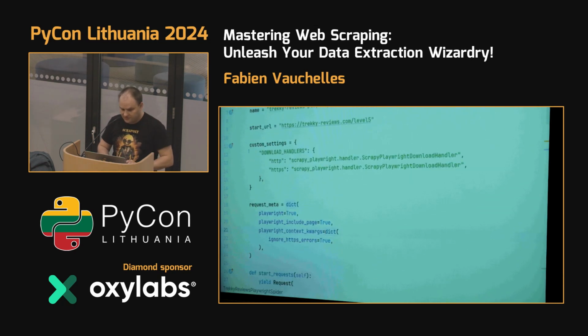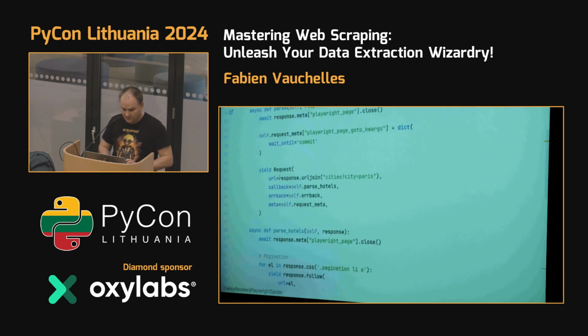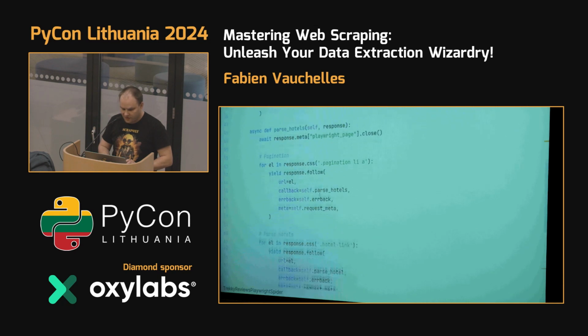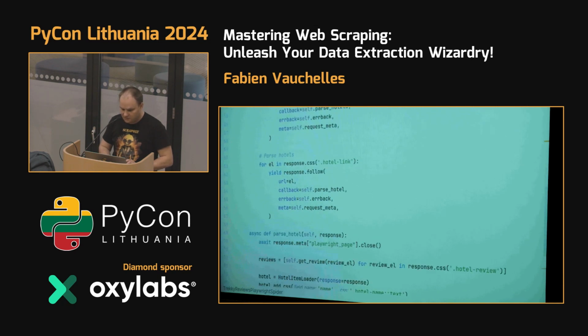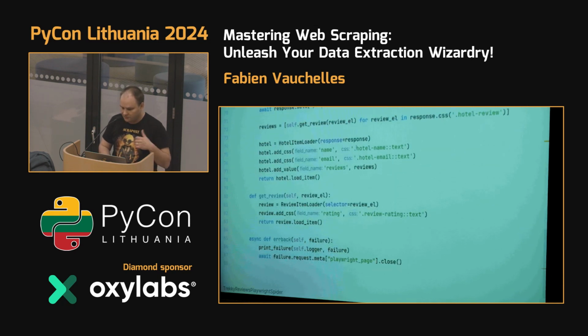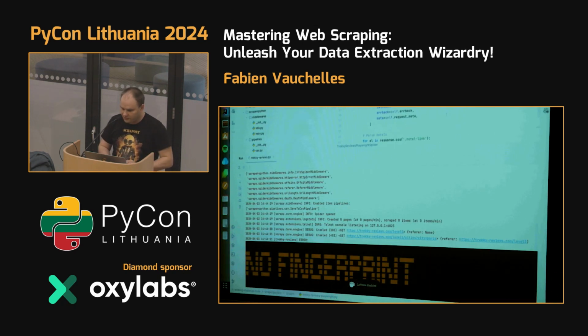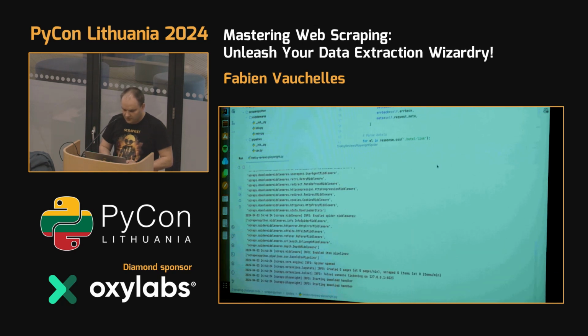I just added custom download handlers, and it's the same. I've got the home page scrape, the list of pages, the pagination, and extracting information: name, email, review. Same spiders. So if I'm running this Playwright spider now, you will see that Scrapy will start a Chrome instance.